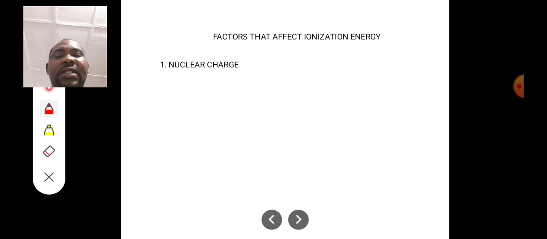Now I want to say this, that nuclear charge, like we say, is the inward pull of electrons towards the nucleus, the attraction of electrons towards the nucleus. Now, as nuclear charge is high, it becomes difficult to remove electrons from the nucleus. So high nuclear charge means high ionization energy, because it is more difficult to remove electrons, but low nuclear charge means low ionization energy.